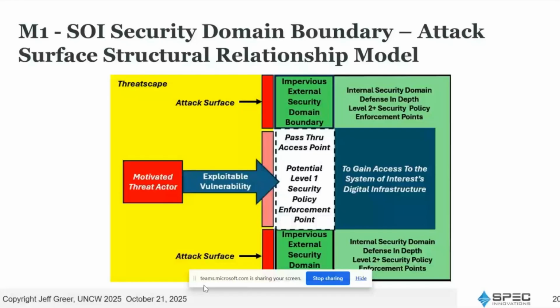But the point here is, I don't care what you're designing, it has to have a security domain boundary. By definition, NIST says that the security domain boundary is the area that's under the direct control of the senior cyber risk manager. If he doesn't have direct control, then it's external to the security domain boundary.